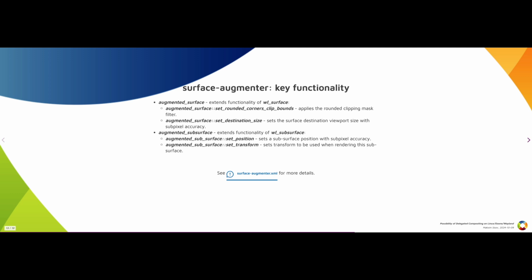The first one extends Wayland surface to apply rounded corner clip mask and also enables us to work in subpixel precision with its set destination size, of course. In contrast, wp_viewport set destination works with integers, forcing us to round our destination, while augmented surface set destination size works with fixed point numbers, providing us with 8 bits decimal precision.